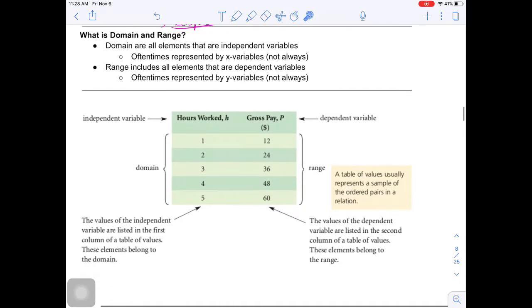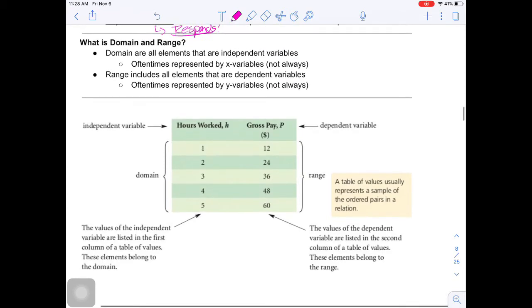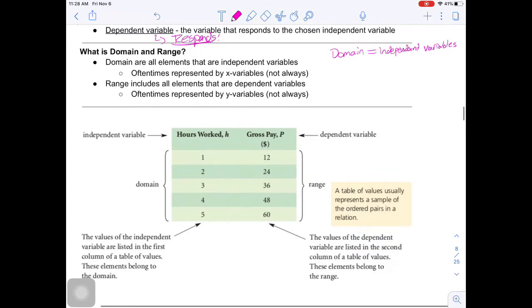We've already talked a little bit about domain and range, okay? But domain are all elements that are independent variables. So now you have another thing to kind of remember. You have to understand the domain equals your independent variables. Where else does our domain pop up?